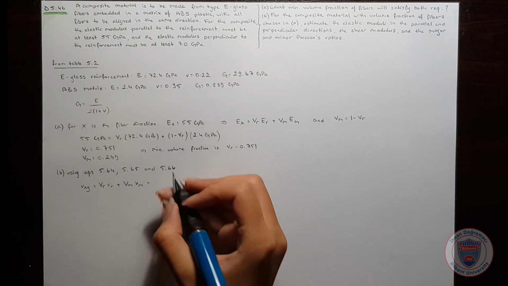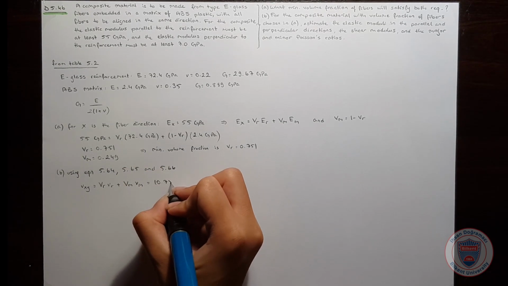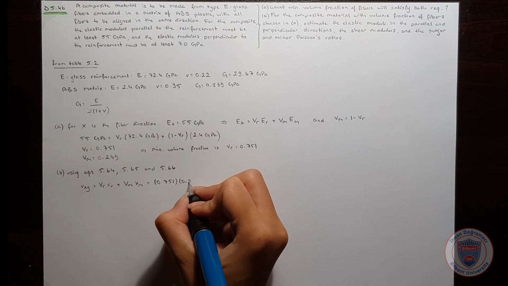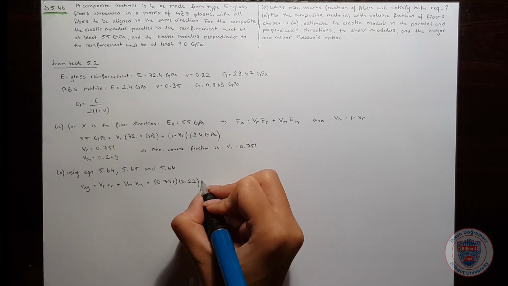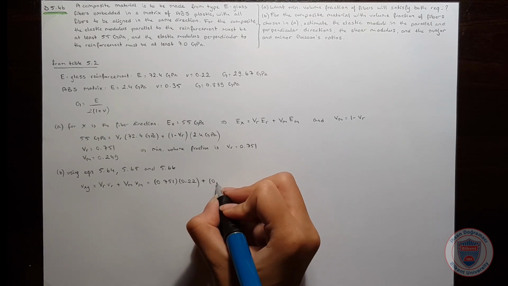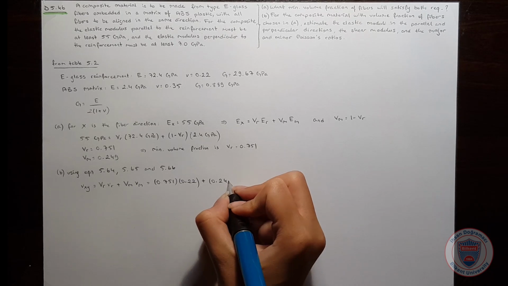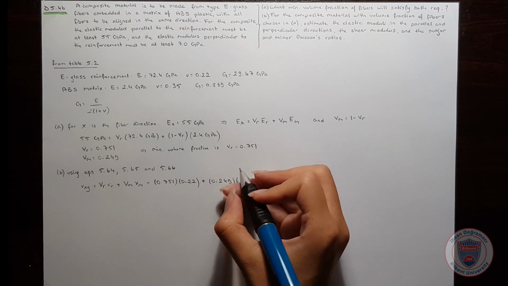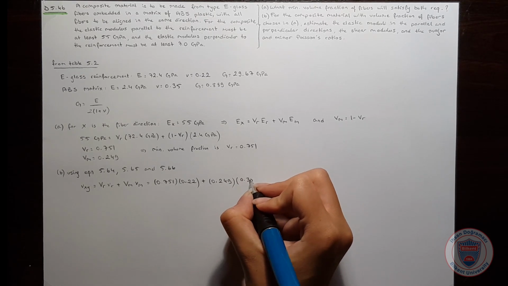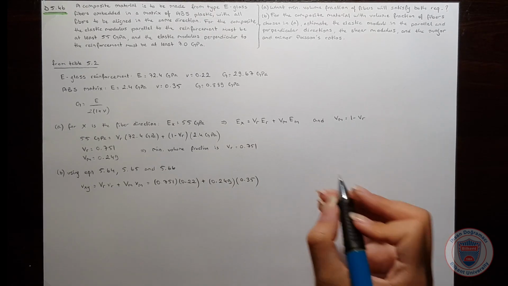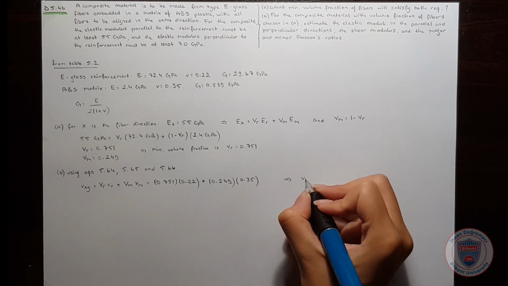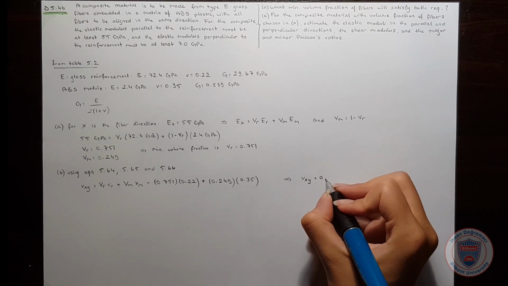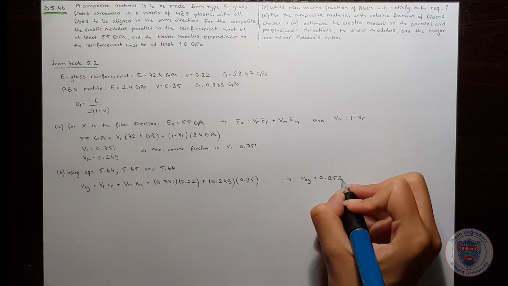Let's substitute the values again. Plus, and we got nu xy is equal to 0.252.